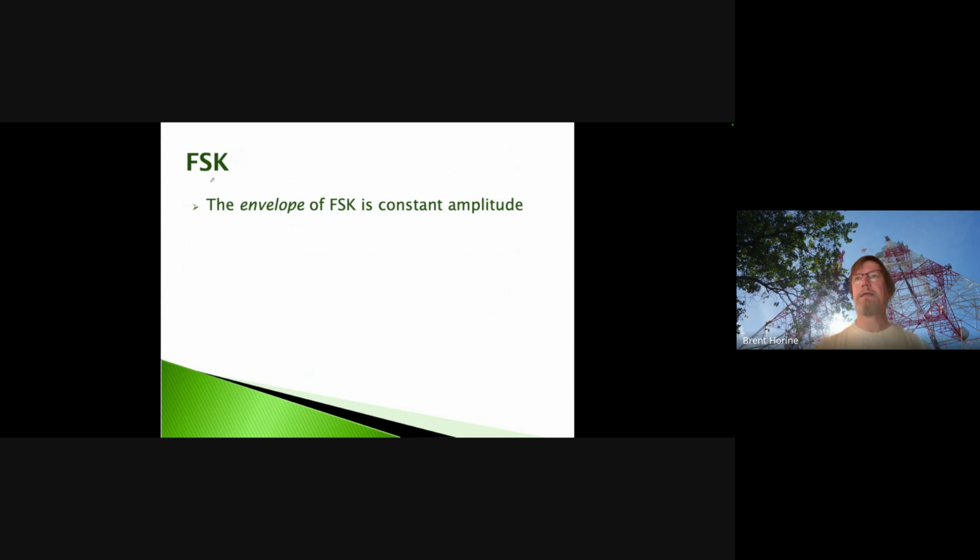Note that the FSK, similar to PSK, has a constant amplitude, or constant envelope. The phase can change arbitrarily and abruptly at the symbol transitions. So we're going to change frequency.